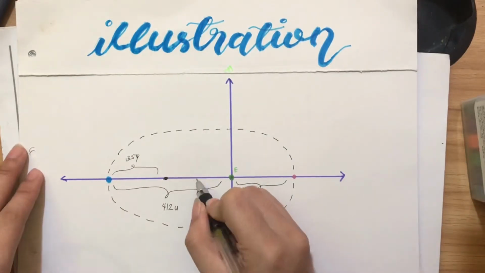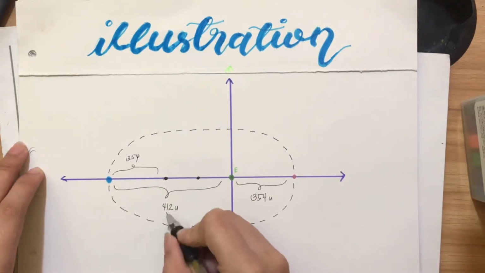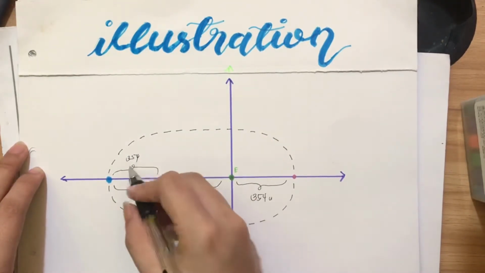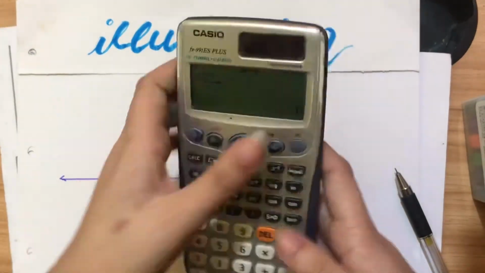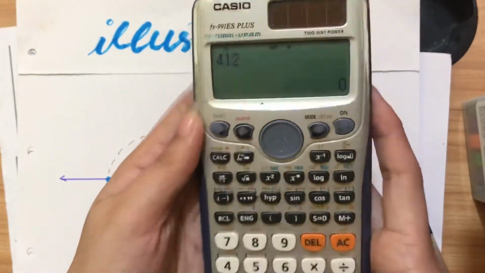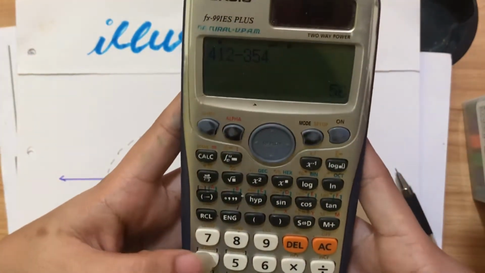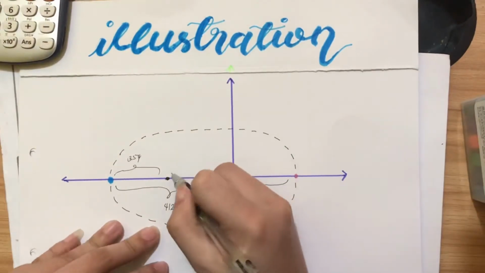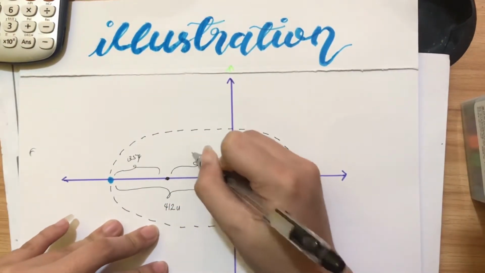So here is the center, and we need to know what is the center of this ellipse. To find it, 412 units minus 354, let us calculate it. 412 minus 354 is equal to 58. So the distance from this focus to the other focus is 58.